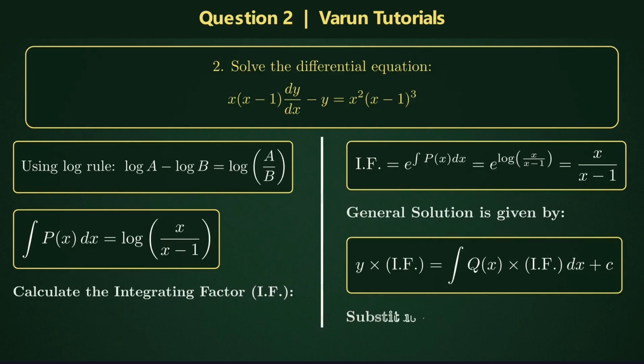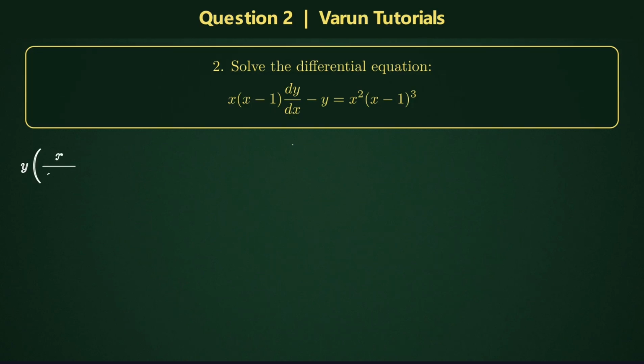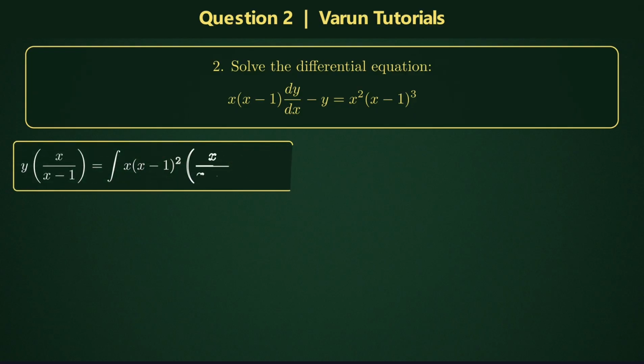Substitute our values of integrating factor and q of x into the formula. This yields, y times the fraction x over x minus 1, equals the integral of x times the quantity x minus 1 squared, times the fraction x over x minus 1, dx, plus c.